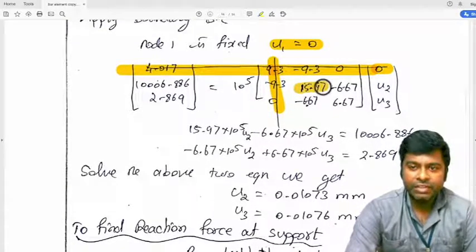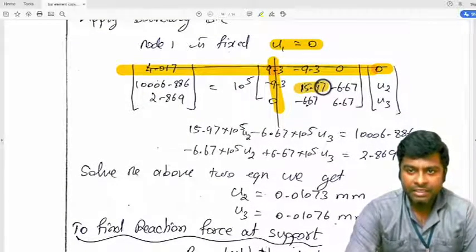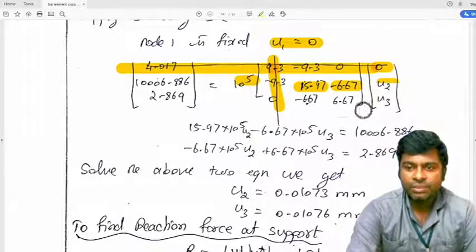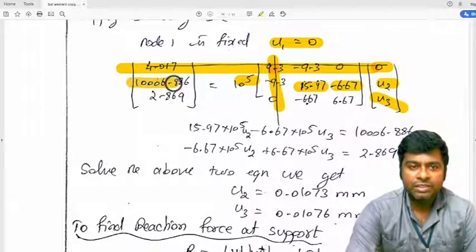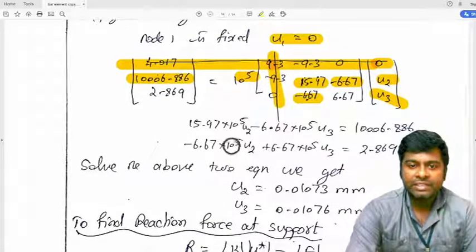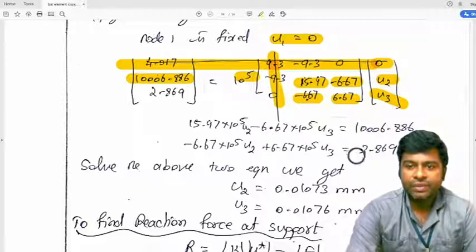Therefore, 15.97 into 10 raised to 5 U2 minus 6.67 into 10 raised to 5 U3 equal to 10006.886, and minus 6.67 into 10 raised to 5 U2 plus 6.67 into 10 raised to 5 U3 equal to 2.869.